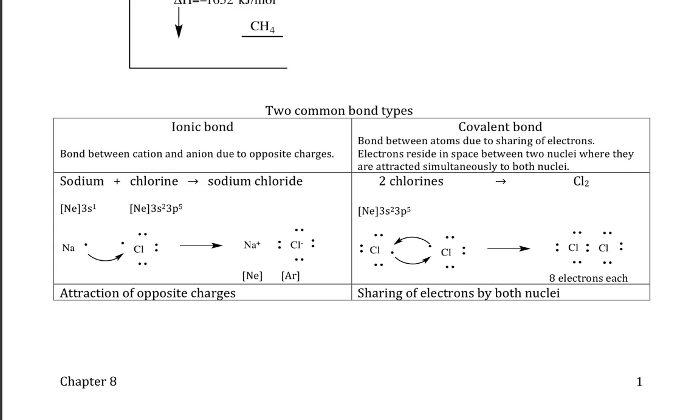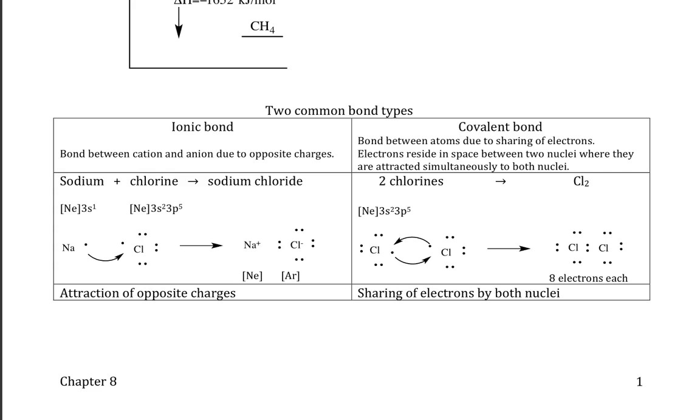Okay, so going to the right half of the table, the covalent bond, when we have two chlorine atoms, they can come together to form Cl2, the molecule, where between those two chlorine nuclei are two electrons that are those covalent electrons that are the covalent bond. Each chlorine atom has the electron configuration as we talked about before, neon 3s2 3p5.